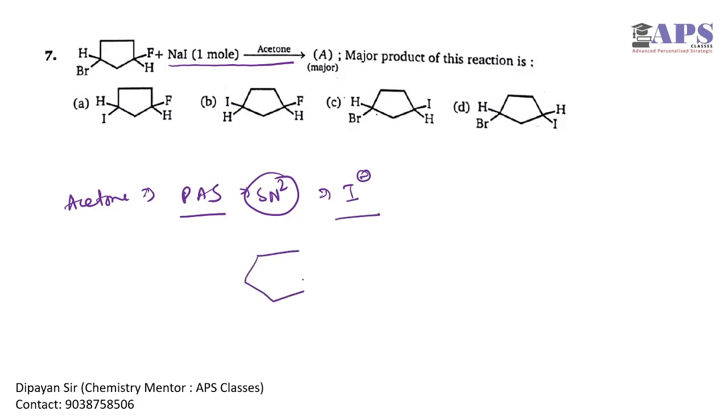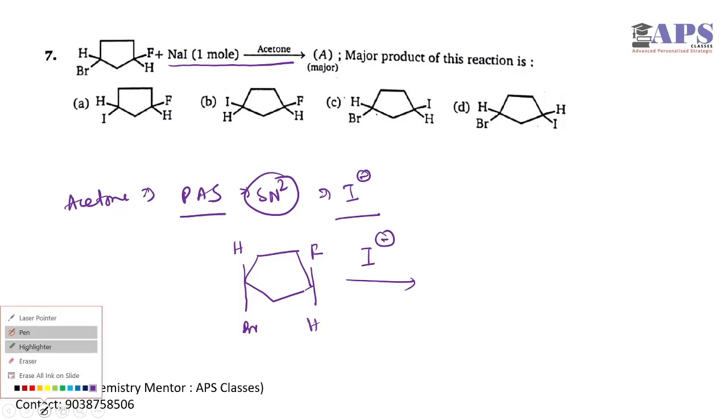Now, if we closely look at this molecule, bromine, hydrogen, fluorine, hydrogen, and we have only 1 mole of iodide. So, we can say that we have two leaving groups, bromine and fluorine, or bromide and fluoride here, but iodide can substitute any one of them.